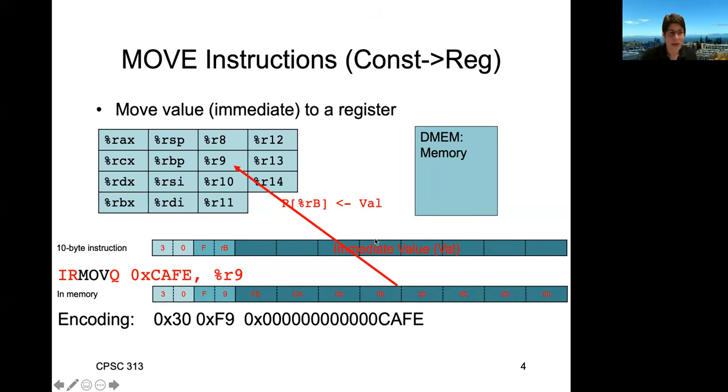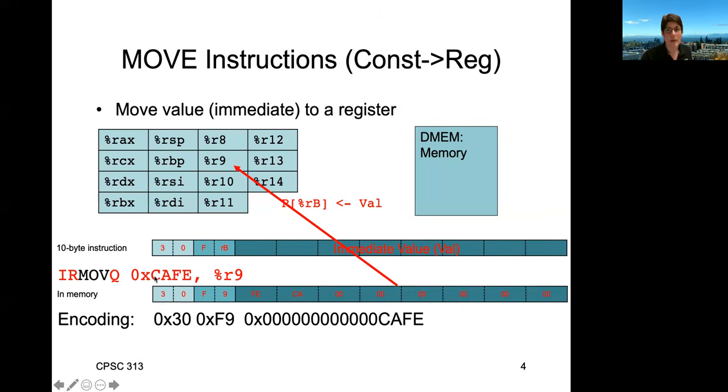We're going to take that value and place it in the register file into the register whose number is RB. In this case, we don't need RA. For instructions that don't need a register, we always place an F in that location. So this indicates the byte that should contain RA and RB. The RA one will always be F because we don't need RA. And then the other half of that byte will be RB.